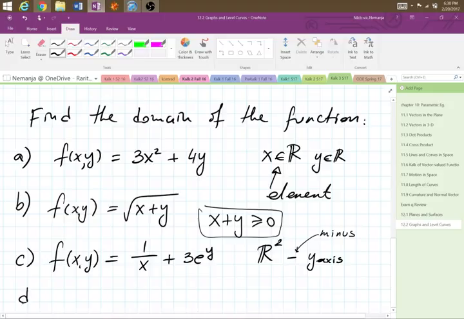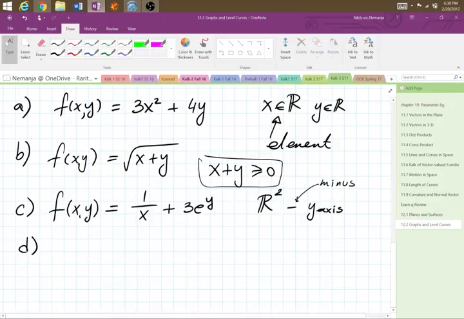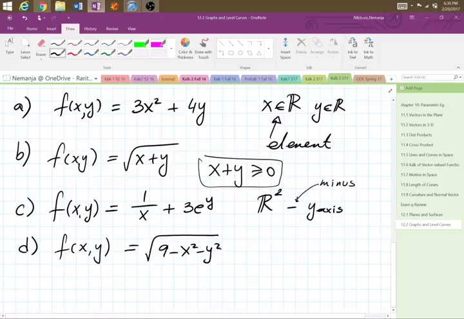All right, let's see. What's the domain there? Squared plus y squared is, no wait.